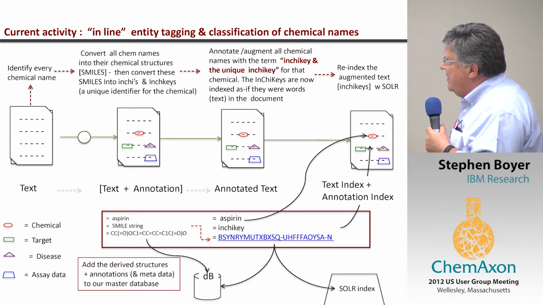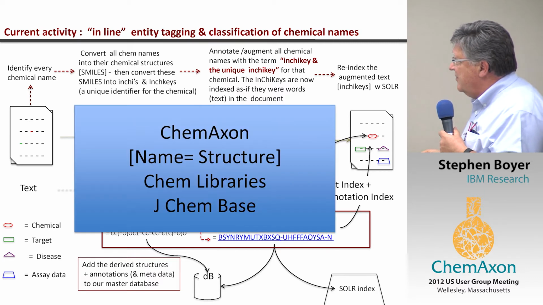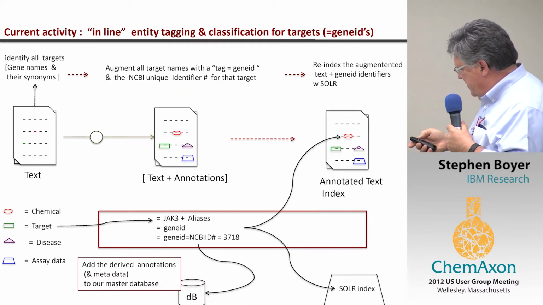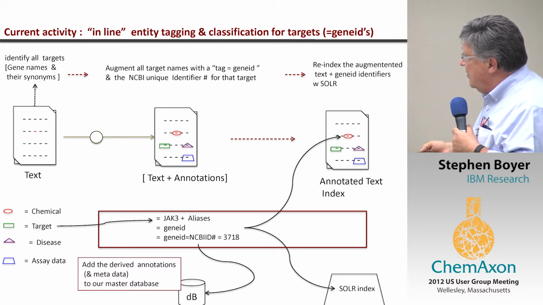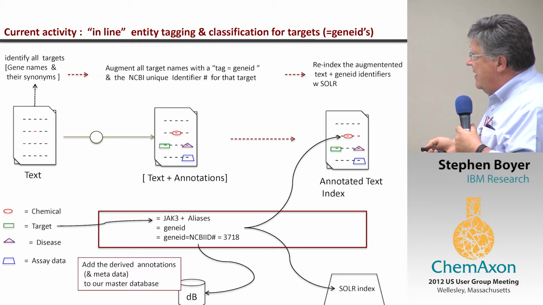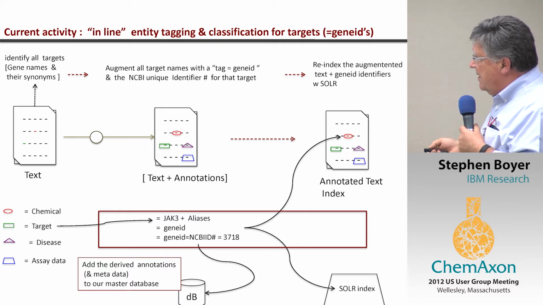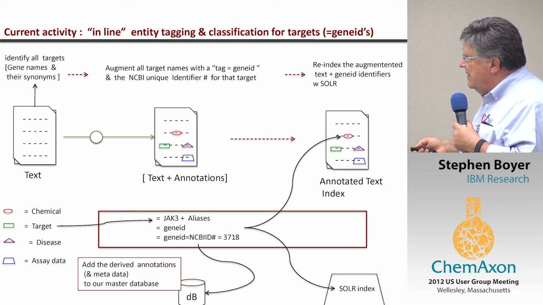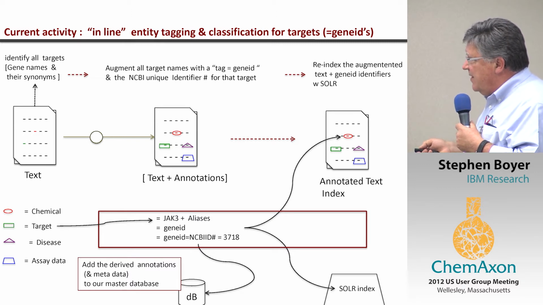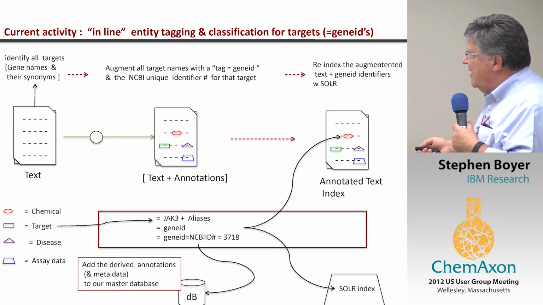What we're doing more recently is taking those SMILES strings and converting them into InChIs, and then from InChIs to InChIKeys. Here's an example of an InChIKey for the word aspirin. So now, in addition to the SMILES string for aspirin, we also have the InChIKey for aspirin.